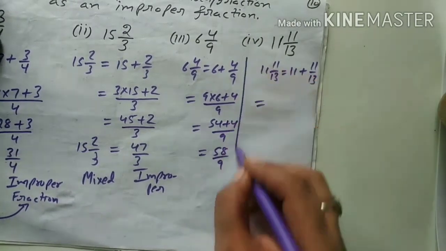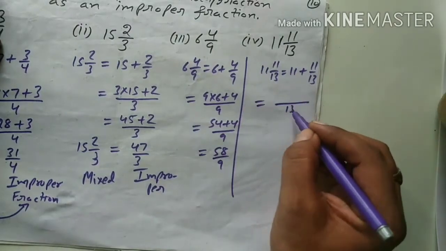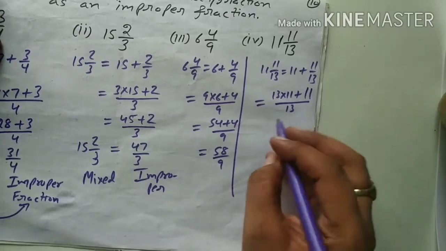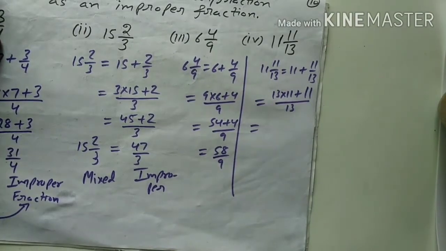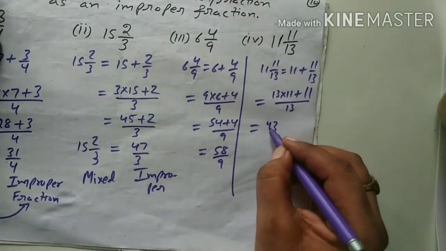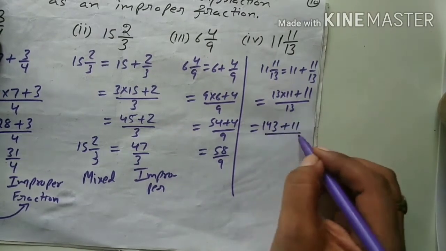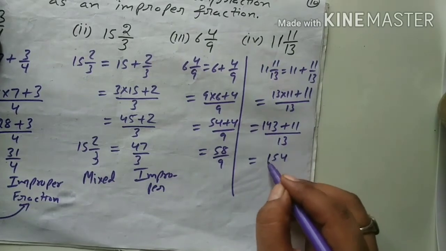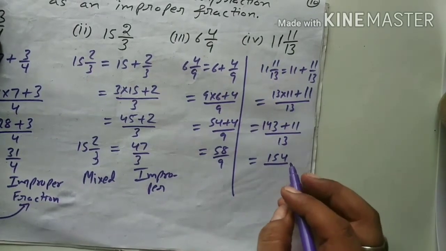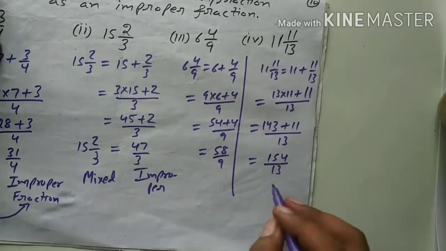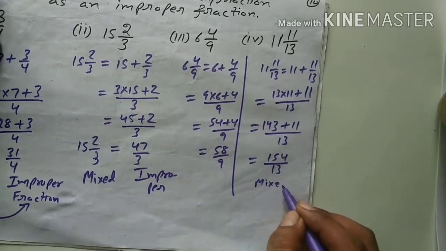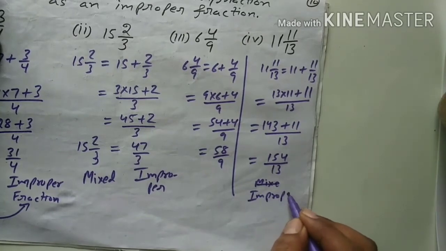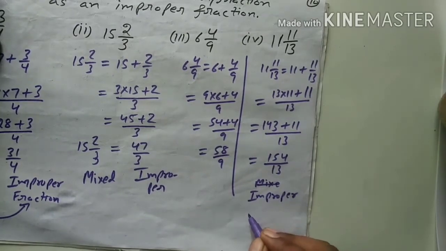Now 13 multiply 11 is 143, plus 11 is 154. So 154 by 13. This is the answer. This is the improper form of the fraction.